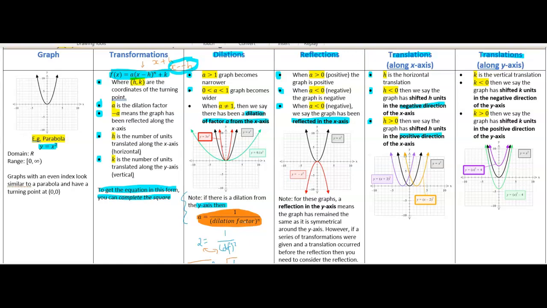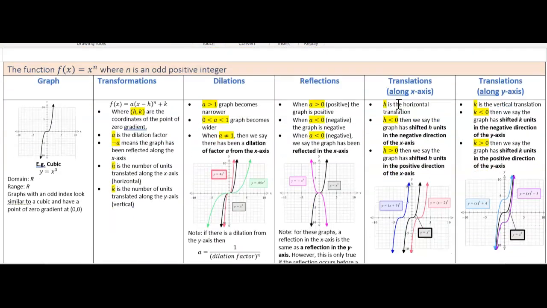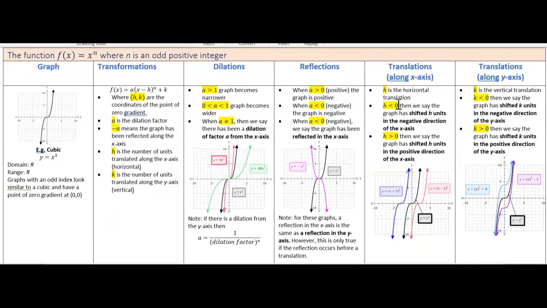As I said before, I find it easier, if you've got say x plus h, to rewrite it as two negatives, so then you know that h is a negative, because in your rule, that I've drawn some arrows to before, it is a negative. And then along the y-axis, pretty straightforward, up or down. Pretty easy. Okay, let's move on to if it was an odd positive integer.